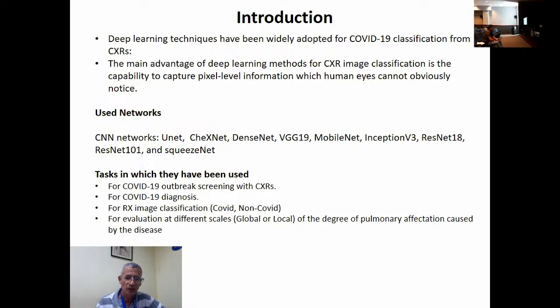In the study carried out for this work, we have seen the use of CNN networks such as U-Net, DenseNet, VGG, ResNet 18, ResNet 101 and SqueezeNet for tasks such as COVID-19 screening, COVID-19 diagnosis, CXR classification in COVID or non-COVID, and evaluation at different scales, global or local, of the degree of lung affectation caused by the disease.